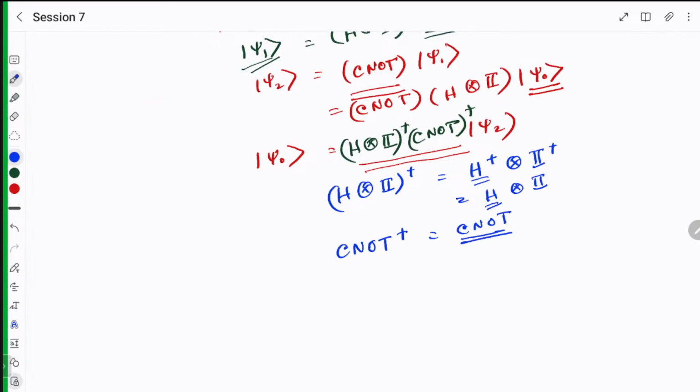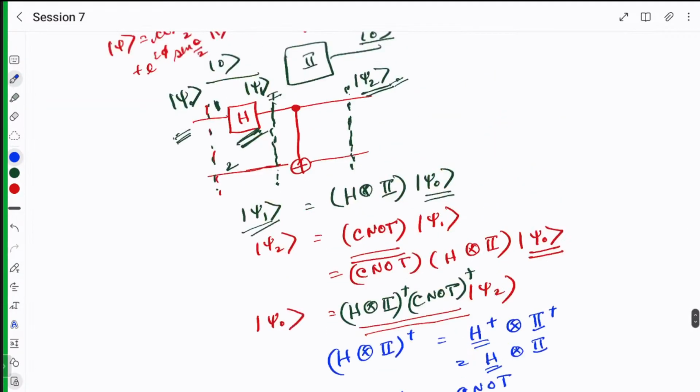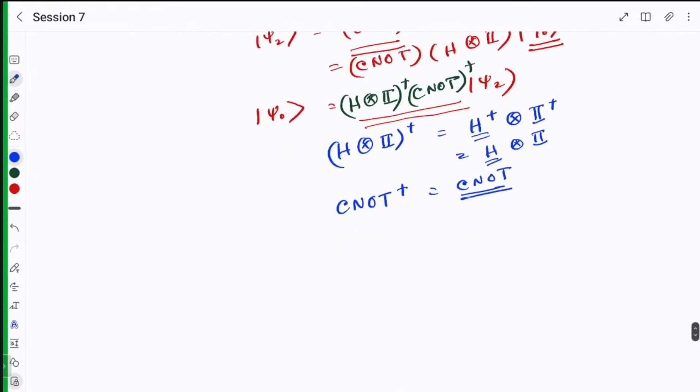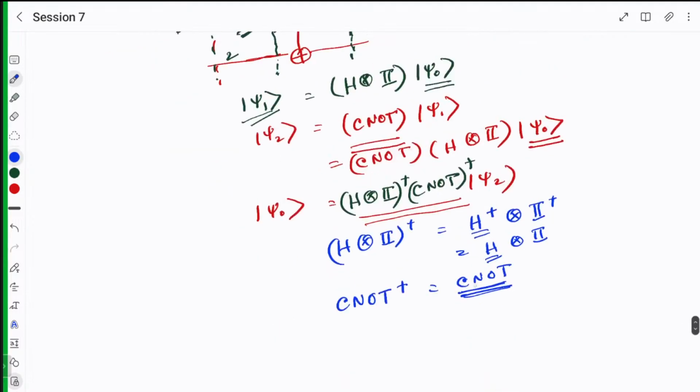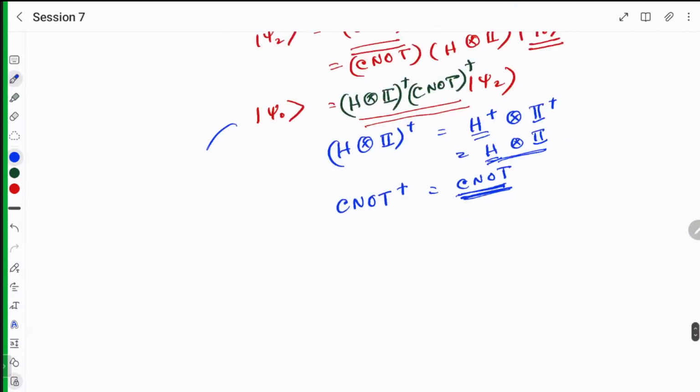Okay. In the sense that the Hadamard gate and C naught are both Hermitian matrices, since the conjugate transpose and the original are the same.